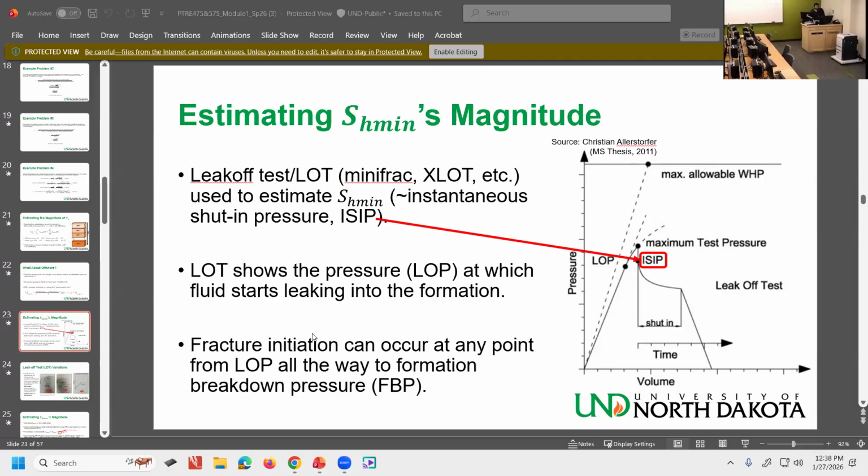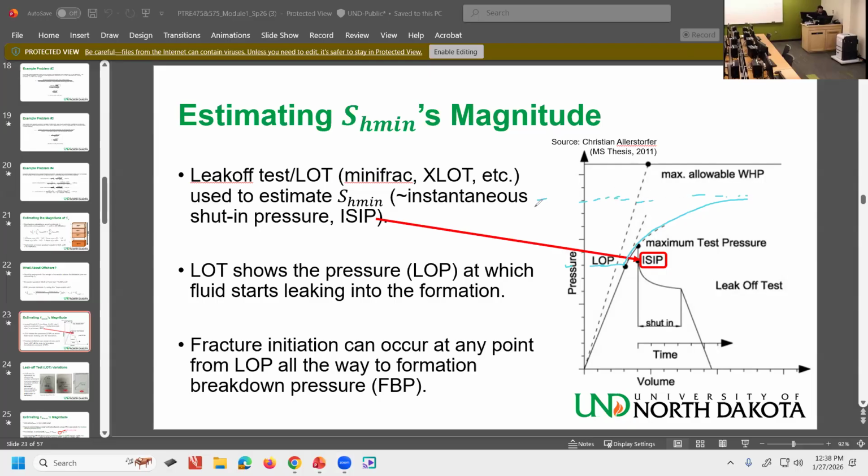And we spent some time on this plot, and we will spend time on this kind of plots later on in this semester as we get more into hydraulic fracturing. I want you to know that the lowest point at which a fracture can start is the leak-off point, where the fluid starts leaking into the surrounding formation. That's here. And the biggest is going to be somewhere here.